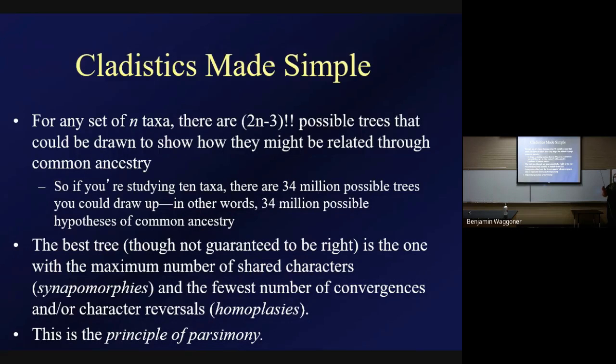A tree that puts dolphins with other mammals and tunas with other fish is to be preferred to one that puts dolphins and tunas together. It's basically a matter of picking the simplest tree, the one that makes you make the fewest assumptions as to how evolution has gone. And we call that the principle of parsimony.